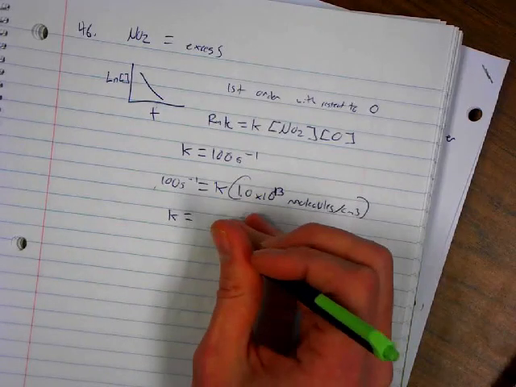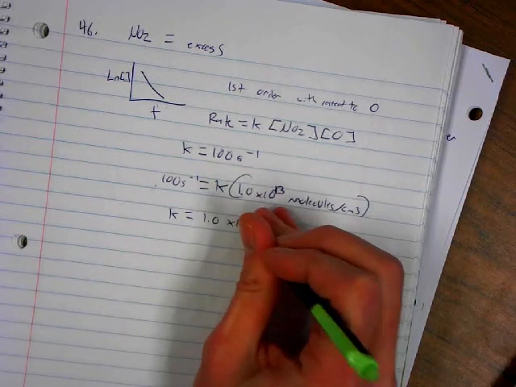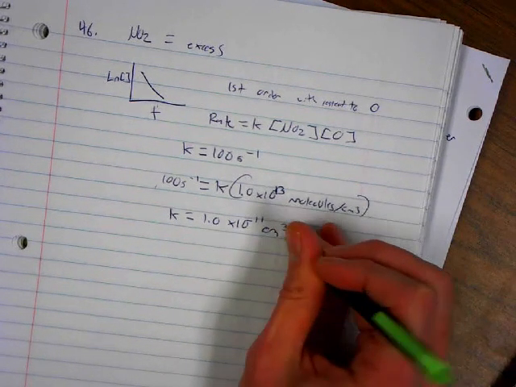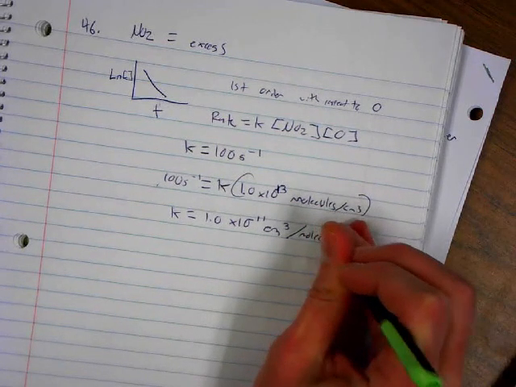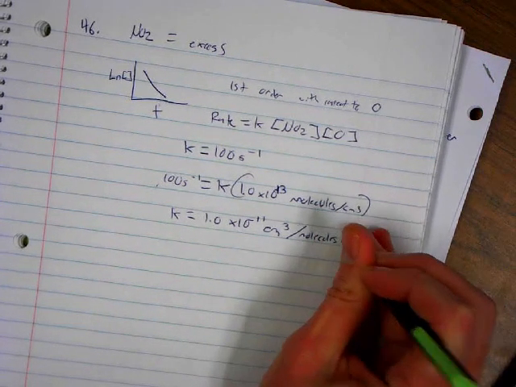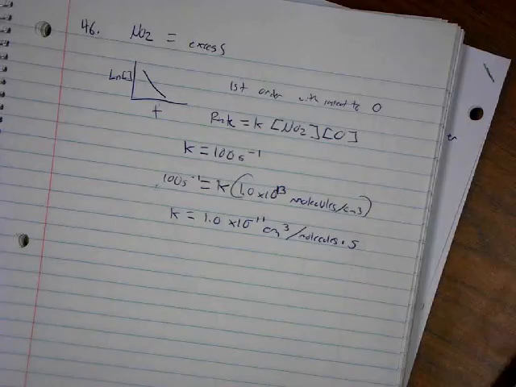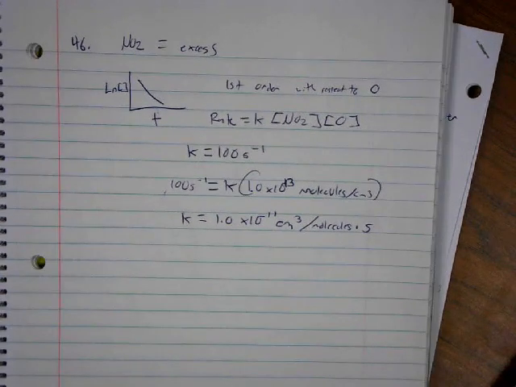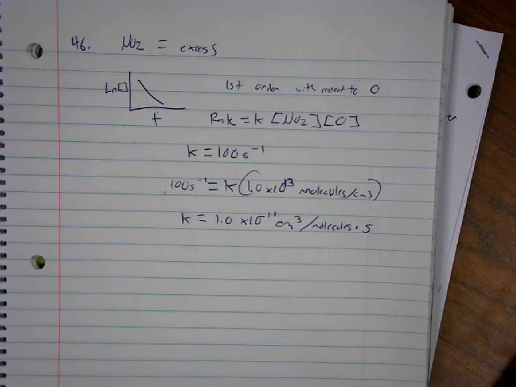So now I'm just doing 100 divided by this number, and I have to figure out my units. Once I do that, I got K equal to 1.0 times 10 to the negative 11th centimeters cubed over molecules times seconds, after you do all the weird unit stuff.